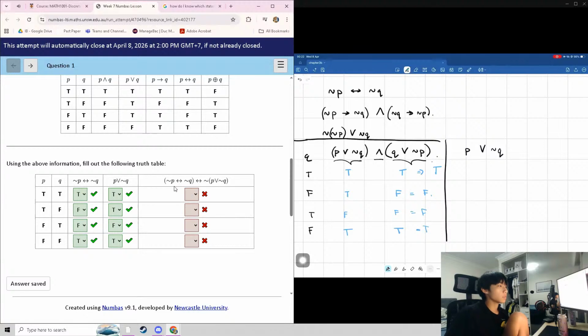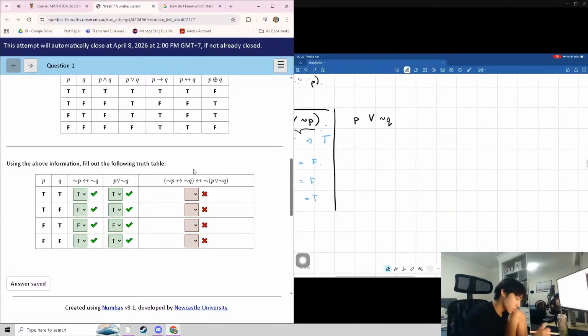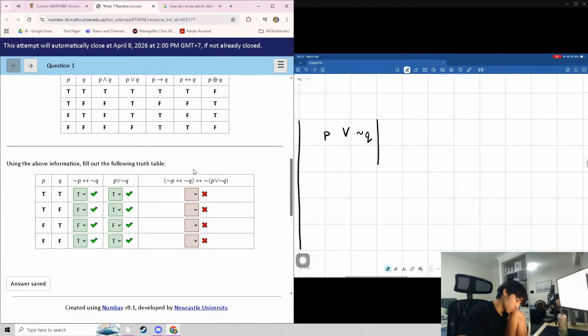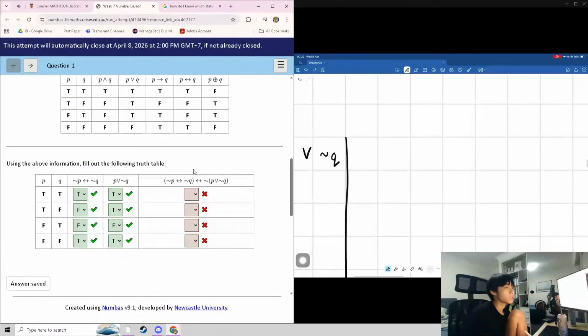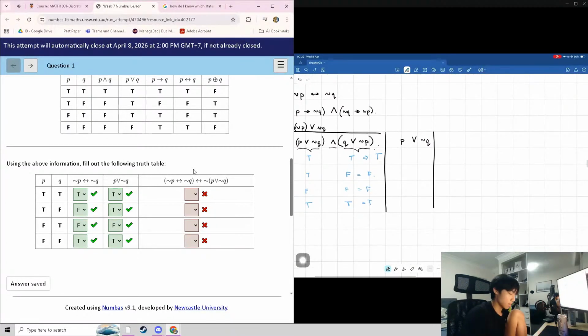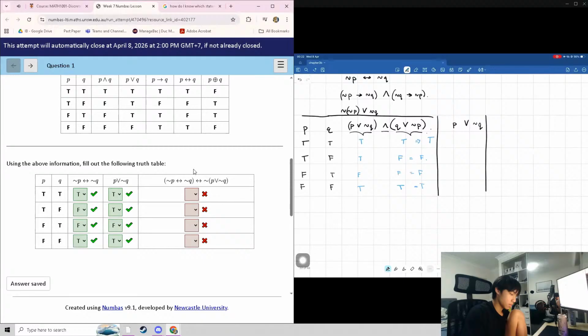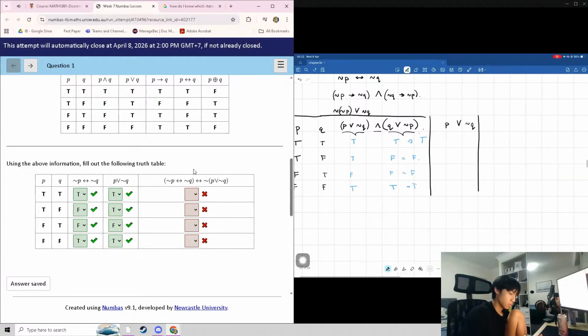And now we're doing this bigger one. That's not cool. Can we see something? Okay, I see that this part here carries over. Oh, okay.